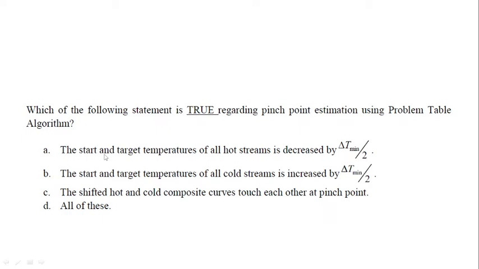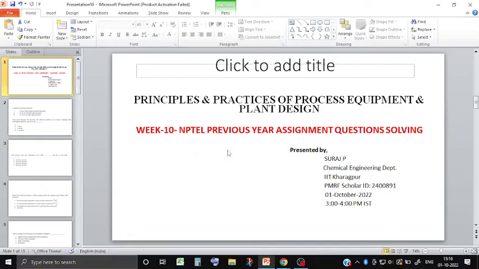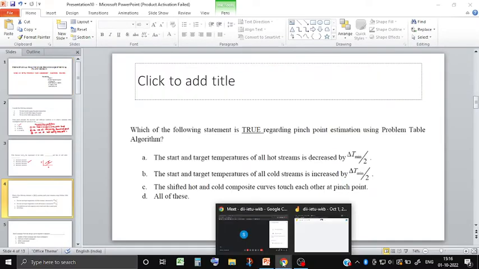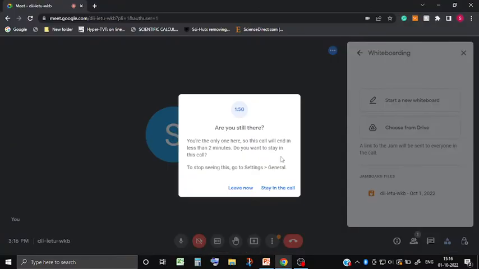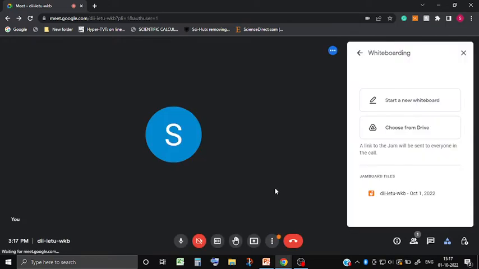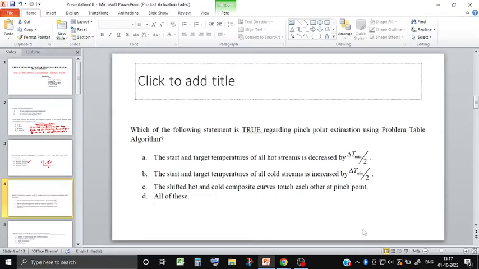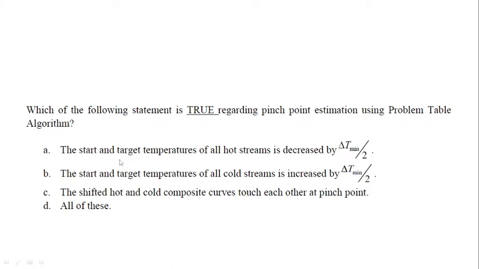The options are: the start and target temperature of all hot streams is decreased by delta T min by 2.